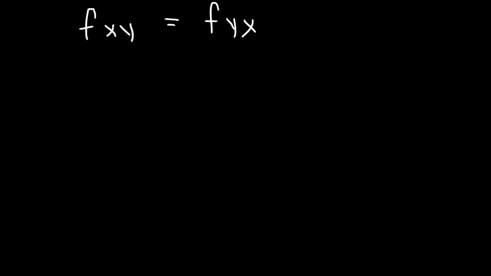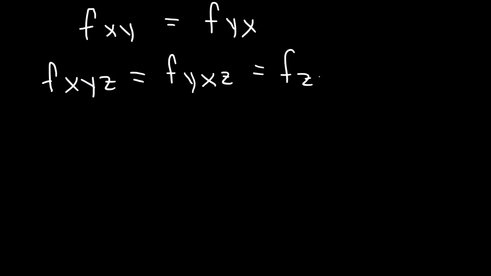So let's say if you want to find a third order derivative, f of x, y, z is the same as f of y, x, z, which is the same as f of z, x, y. All of these three mixed partial derivatives are the same. We differentiated with respect to x once, with respect to y once, and with respect to z once.